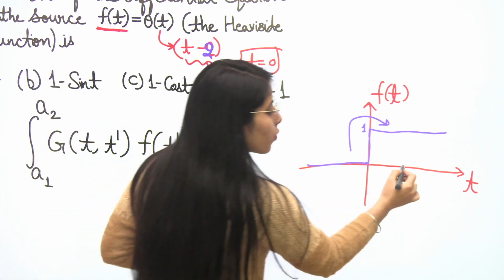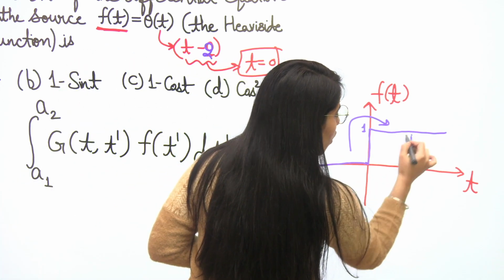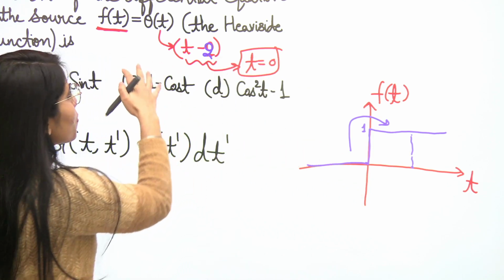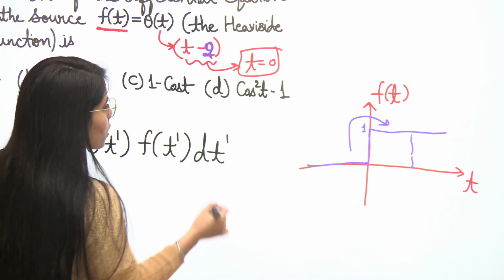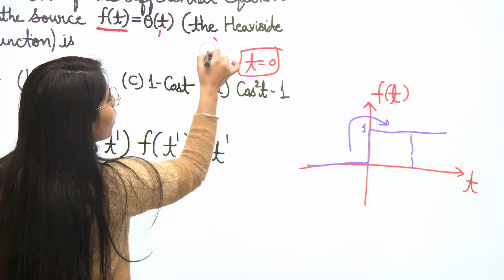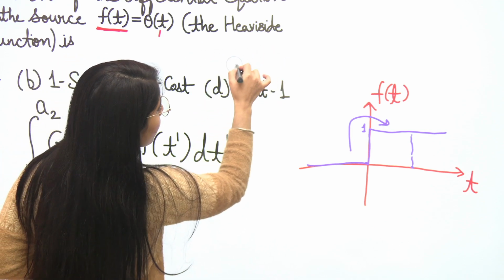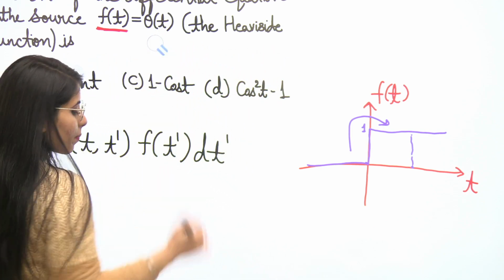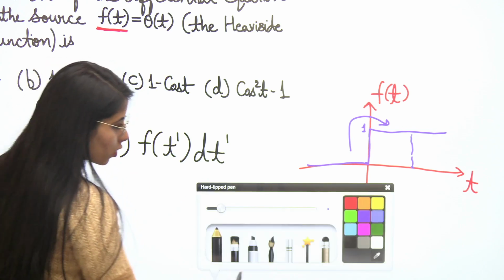So then the changes will start taking place from here, not from 0. But right now, as per our question, it will take place from 0 itself. I hope it will be clear to everyone now. So this is what we mean by the Heaviside step function.